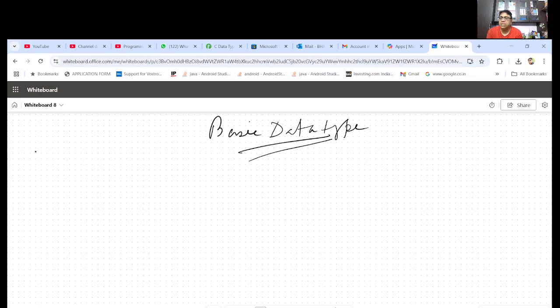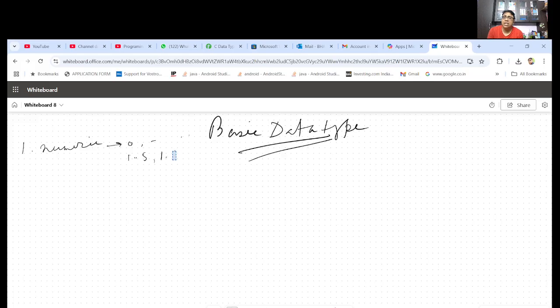Generally we know the numeric data. Numeric data means very simply 0, 1, 2, any natural number. Not only natural numbers, it may also be any floating point number, like 1.5, with a decimal point.